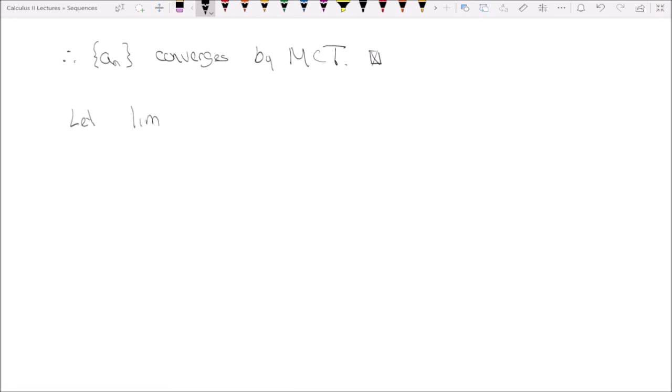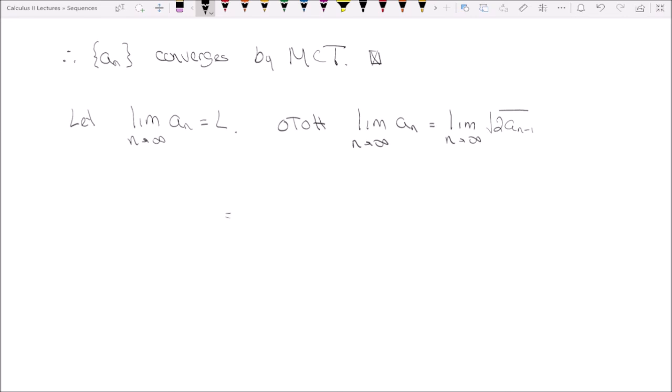Well, let the limit as n approaches infinity of a sub n be L, right? On the other hand, the limit as n approaches infinity of a sub n would have to equal the limit as n approaches infinity of the square root of 2 times a sub n minus 1. Right?